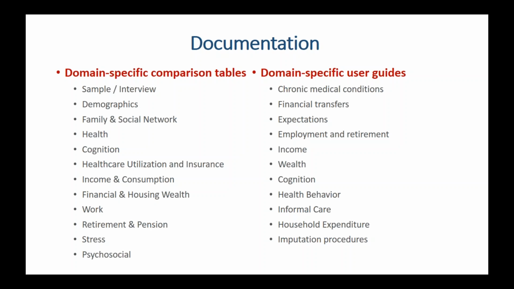And we built domain-specific user guides. The domain-specific user guides are really in-depth looks for different research domains or topics of all the questions which are asked by every study inside of that domain, how they're similar, how they're different, how people overcome some of those differences to be able to compare things cross-nationally or longitudinally.